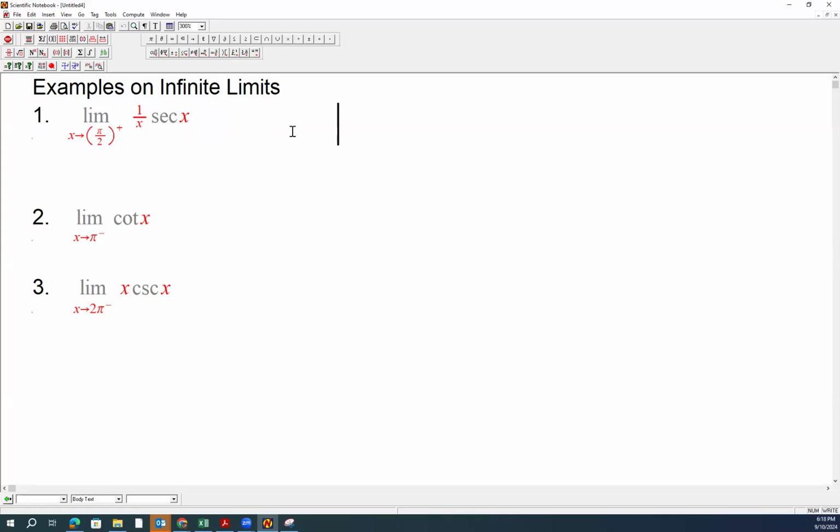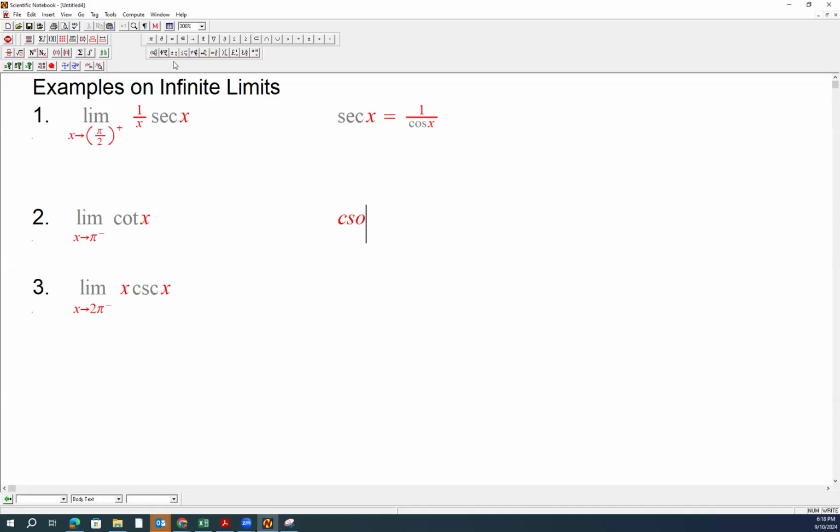For example, secant x, by definition, equals 1 over cosine x. You definitely need to know sine, cosine, tangent, and their basic relationships, okay?